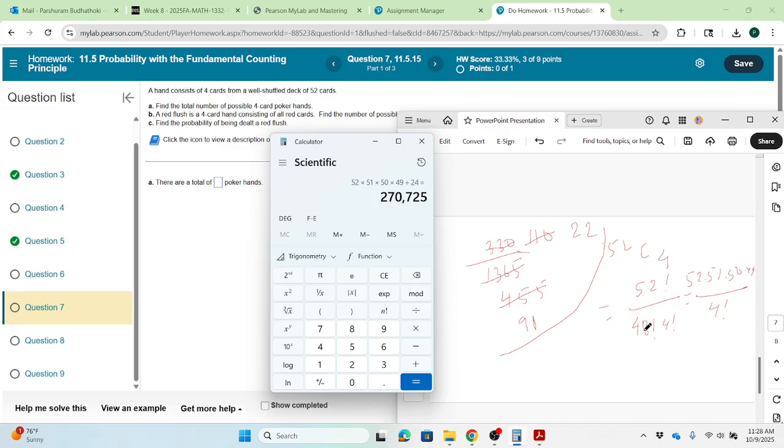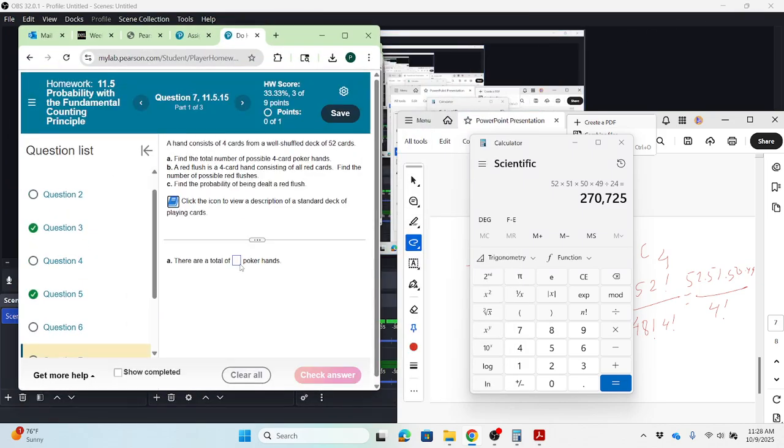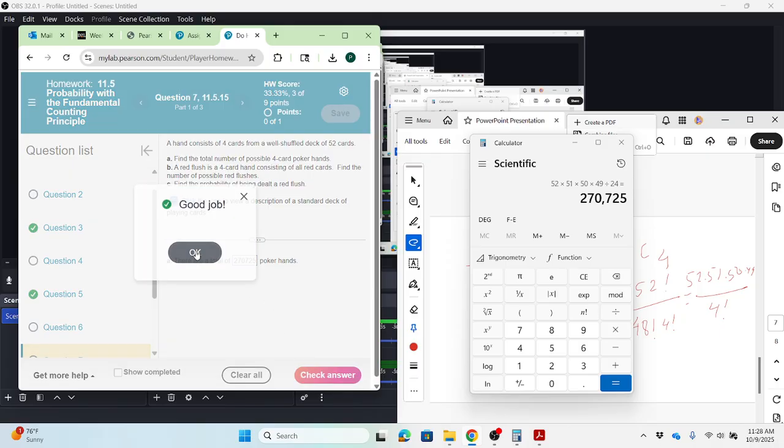Remember, the 48 factorials would be cancelled out, so it's 270,725 different ways to choose 4 cards out of 52 cards.